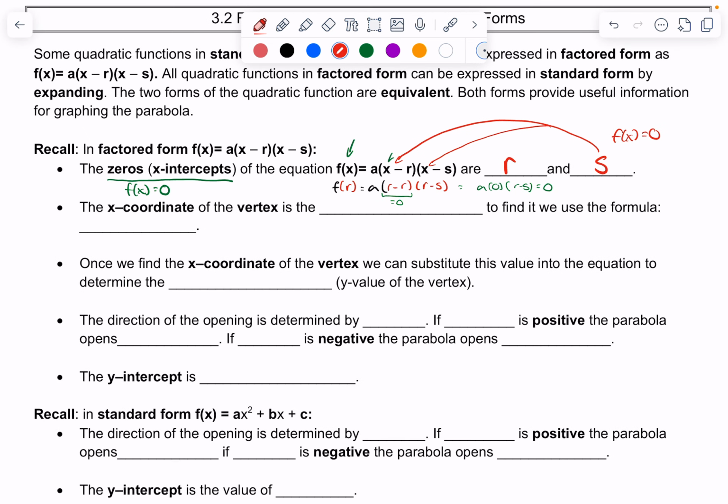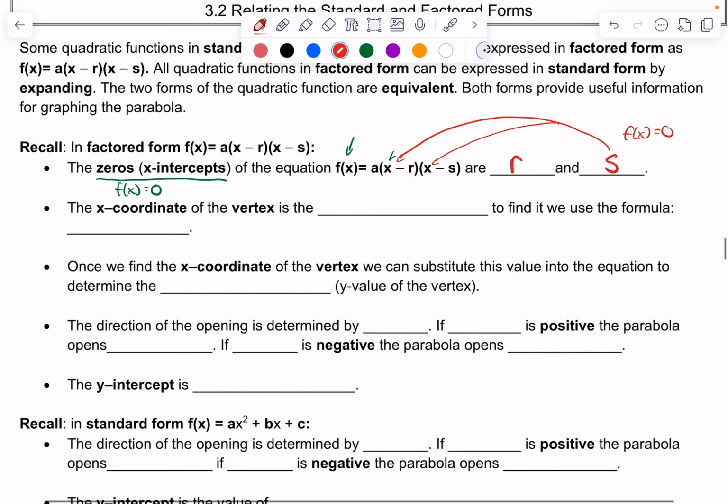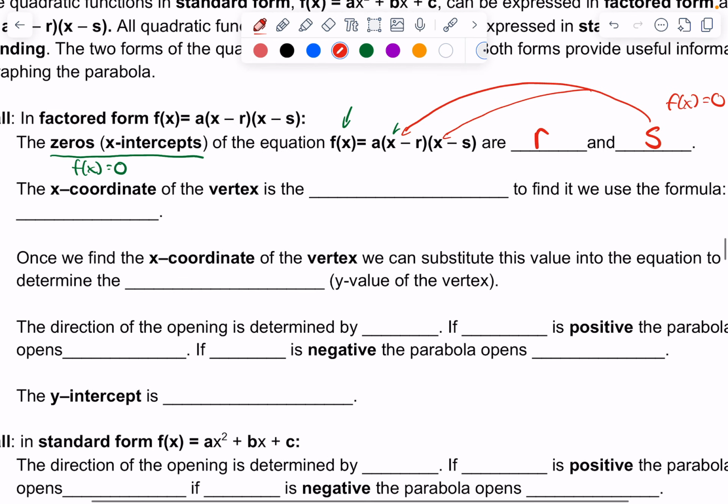Well, the x-coordinate of the vertex, all right, so recall from unit 1, the x-coordinate of the vertex is the h value. So remember, a vertex has both h and k. Well, it's this value right here. That's the x value of the vertex.